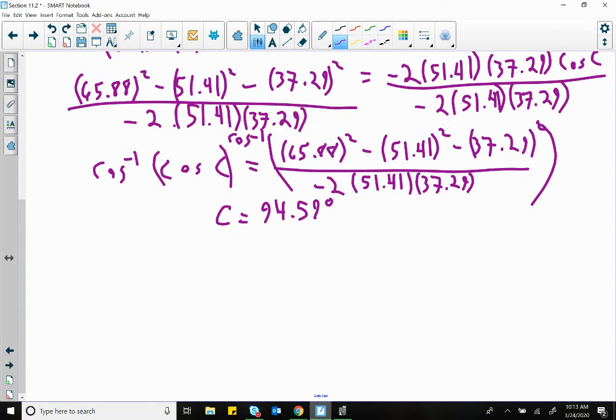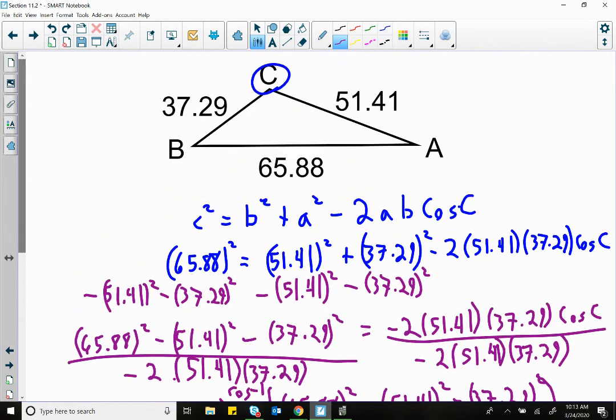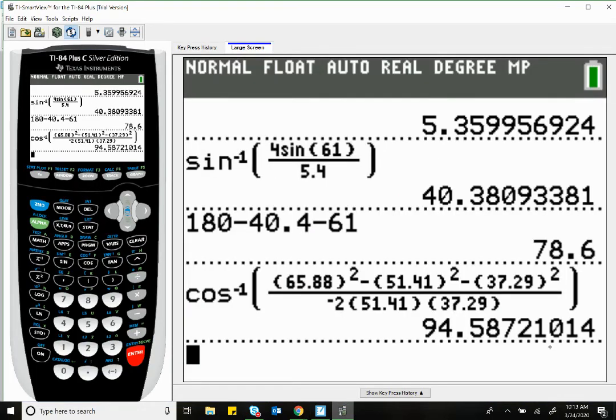Cool. So the next step says use law of sines to find either of the two remaining angles. So we can either find angle A or angle B. Again, it's going to make us use a rounded answer for that angle C. If you have rounding problems at the end, just go back into the calculator and use the accurate number.